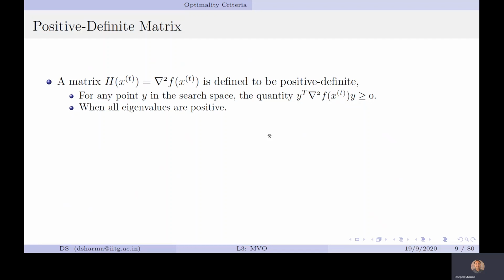Or, if the matrix is given to us and I find the eigenvalues, if all of them are positive, I can say that the matrix is positive definite. Or the third condition is when all principal determinants are positive, then we can say that the matrix is positive definite. So here you can use any of them to find whether the matrix is positive definite or not.